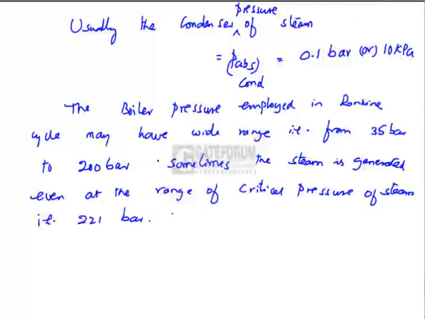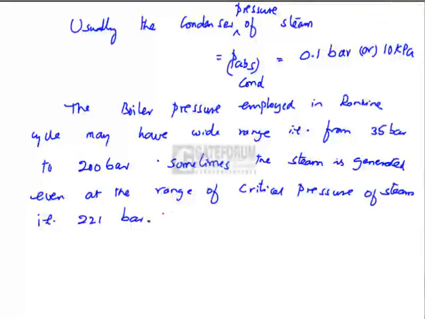There are supercritical boilers which could generate steam even in the range of critical pressure of steam. For example, Benson boiler is a once through drumless boiler with a radiation superheater that could generate steam in the critical pressure range of steam.